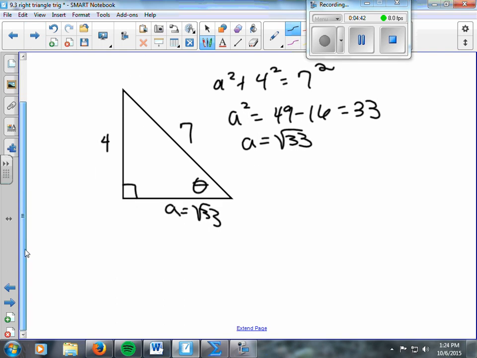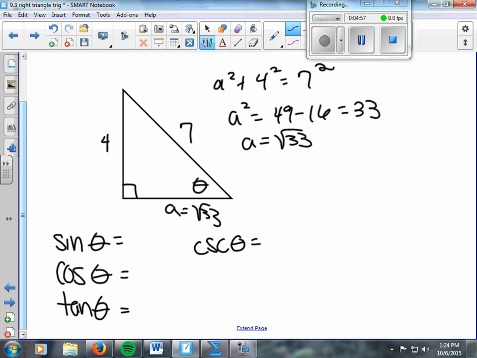And now that we have a complete triangle, I'm going to ask you to tell me the sine of theta, the cosine of theta, the tangent of theta. We're going to find all 6 trig functions. Also the cosecant of theta, the secant of theta, and the cotangent of theta. So let's start with the sine. So here's theta. He's in this spot right here. 4 is going to be my opposite.